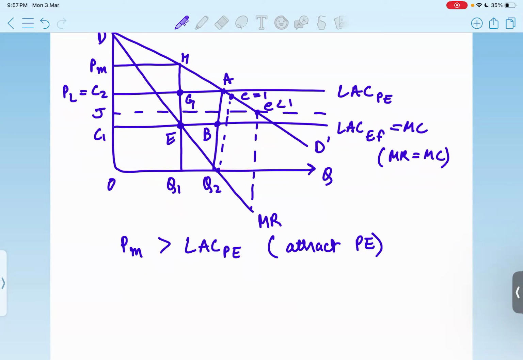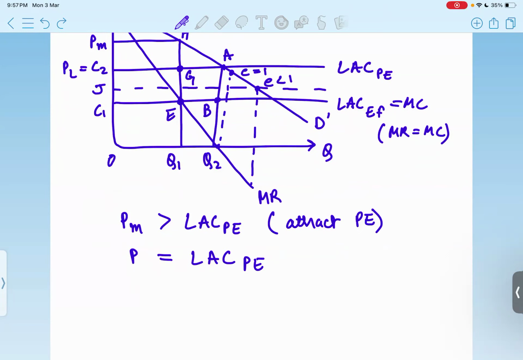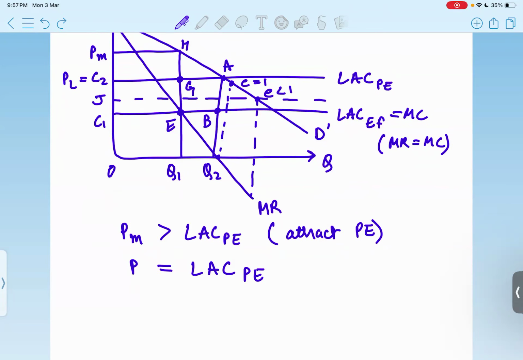Now let's suppose we set the limit price at the LAC of potential entrants, that is, up to this level. Since it is exactly the same as the long run average cost of the potential entrants, if they decide to enter the market, they will supply more.